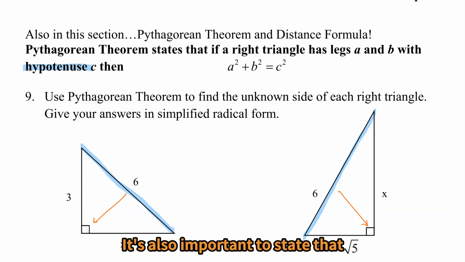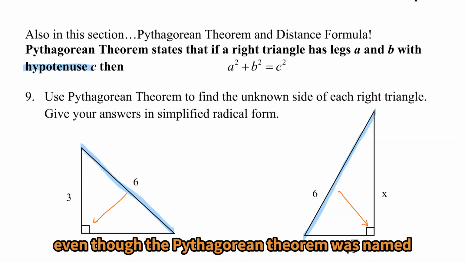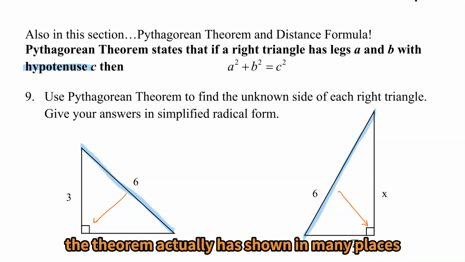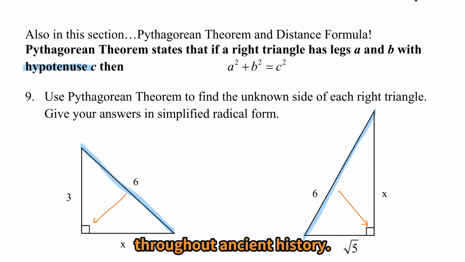It's also important to state that even though the Pythagorean theorem was named after the Greek mathematician and philosopher Pythagoras, the theorem actually shows up in many places throughout ancient history.